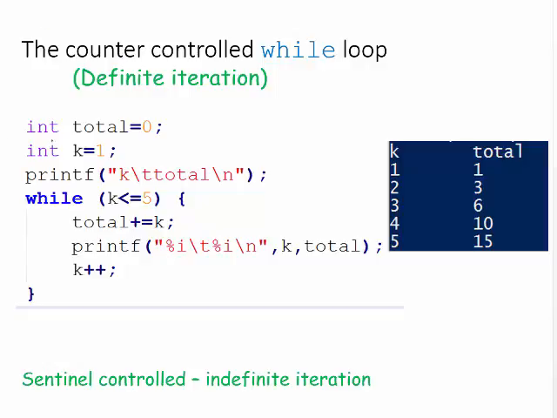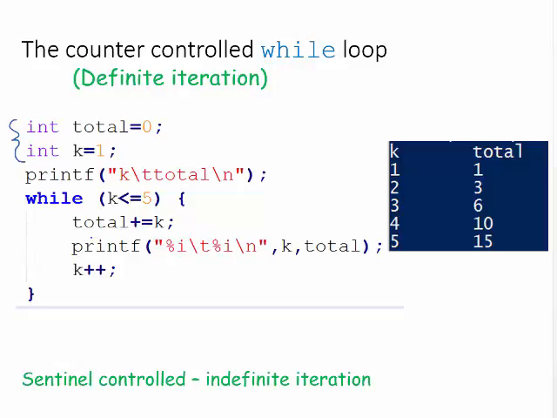So a few important features to point out on the structure of a while loop. Besides the test, if it evaluates to true, you're going to do what's in the curly brackets. But before you ever enter the loop, the variables must be initialized.